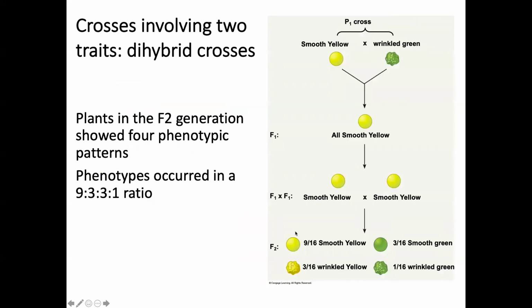So the two traits are seed color and seed shape, right? If you cross the F1 plants, the F2 generation shows all possible traits, including the recessive traits. Mendel called a cross involving two traits a dihybrid cross. All right, so two genes, two traits.